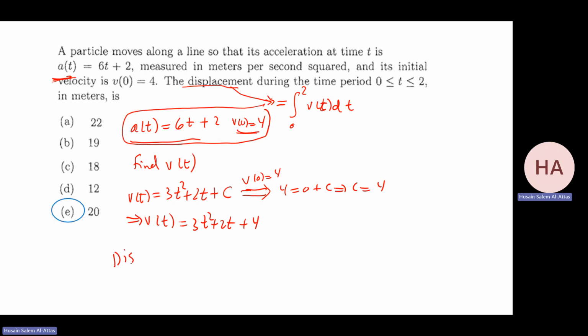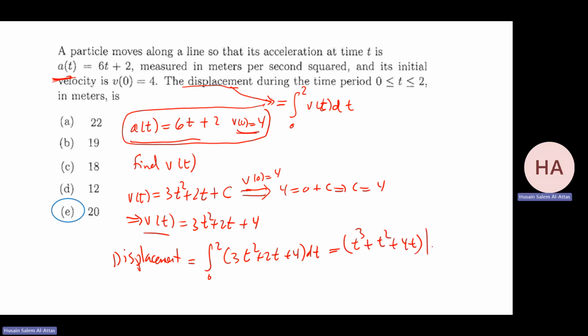So the displacement will be the integral from 0 to t. Now I have v of t of this function, which gives me what? T cubed plus t squared plus 4t from 0 to 2. That will be 8 plus 4 plus 8 minus 0. That will be 20, which is this.